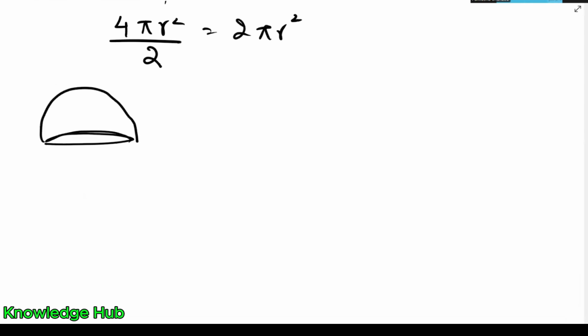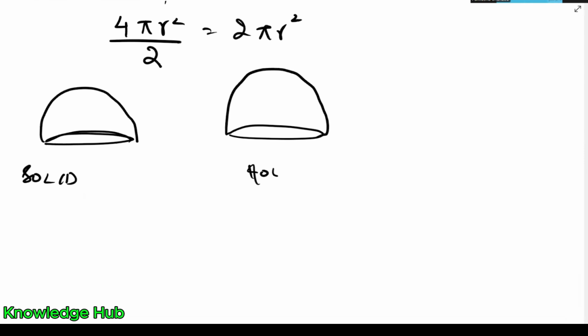Let's suppose this is solid and this is hollow. Okay, so this is again a circle.